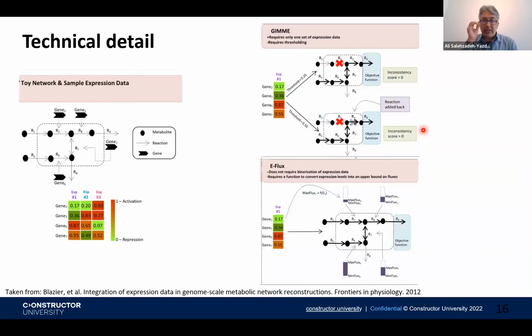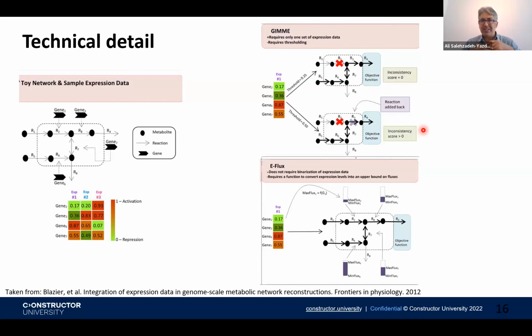Just briefly, I can give you some impression of how these integration algorithms work. These are two different categories to show you that some of the algorithms work as reduction algorithms. What does it mean? It means that when you apply this algorithm on your network, according to the additional data like transcriptome or proteome, it would shrink the solution space.